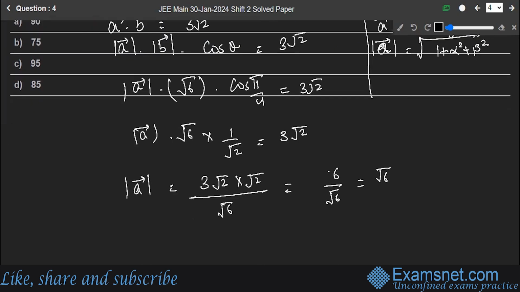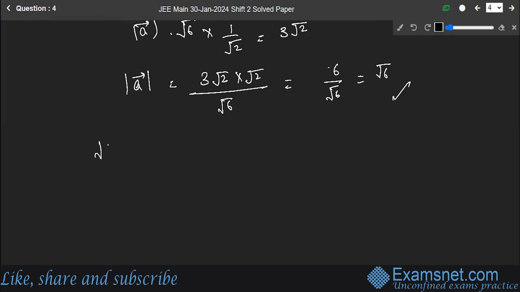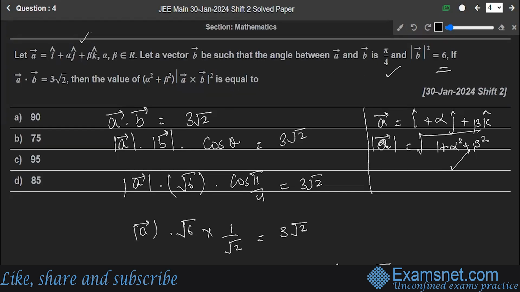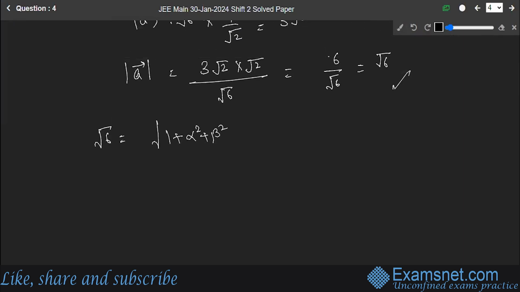That means root 6 is equal to root 1 plus alpha square plus beta square. Now taking square on both sides, you will have 6 is equal to 1 plus alpha square plus beta square, or you will have alpha square plus beta square is equal to 5.